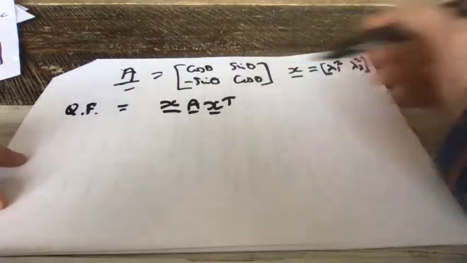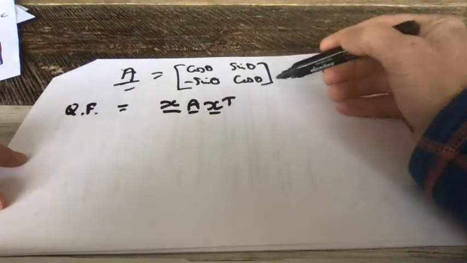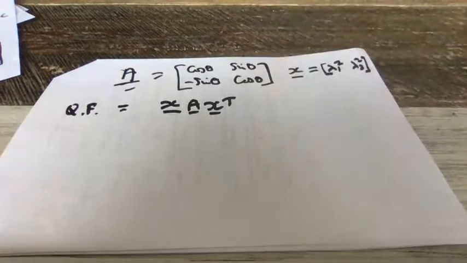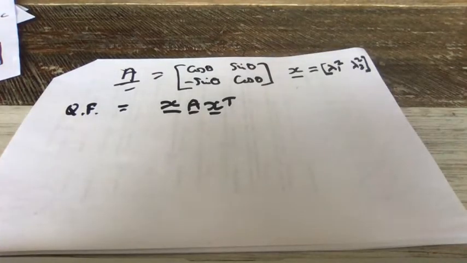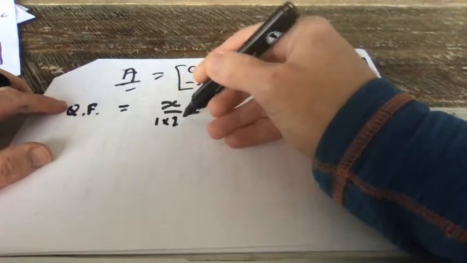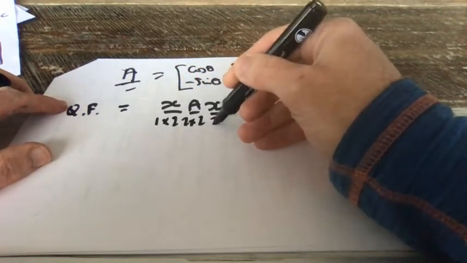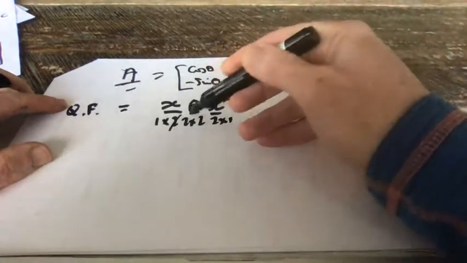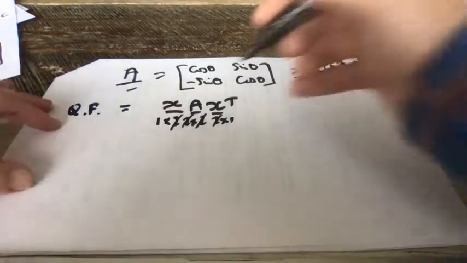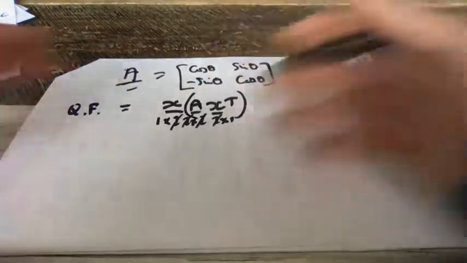Okay, because x transpose gives me a column, and I like to have columns here because a square matrix by a column gives me a column, and then when I multiply by x, I'm going to get a single number. Because if you look at this, this is a 1 by 2, this is a 2 by 2, this is a 2 by 1. So this cancels with this, cancels with this, and what I end up with is a 1 by 1. Okay, there are two matrix multiplications going on here. Let's do this one first. Now you can do it the other way as well.